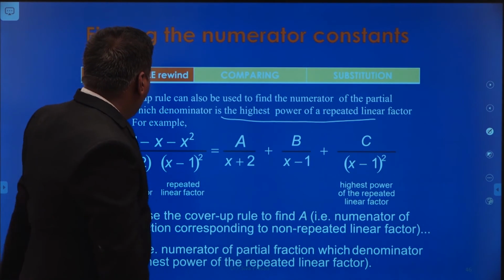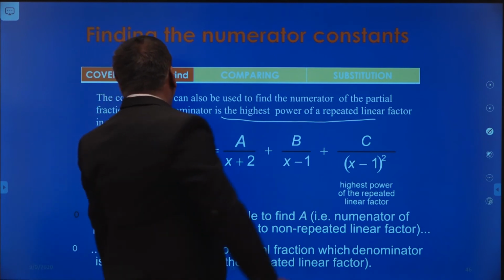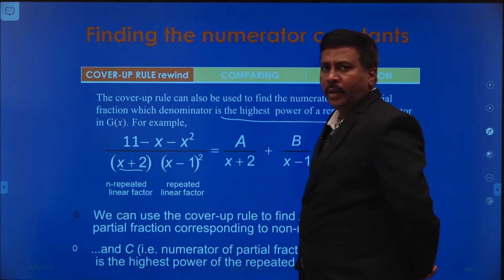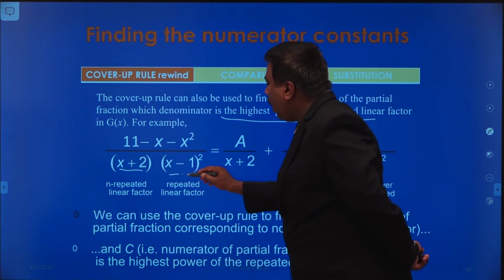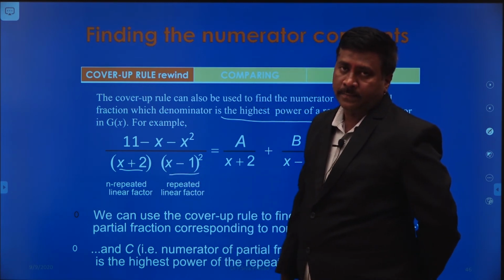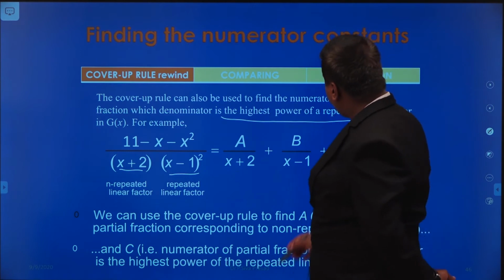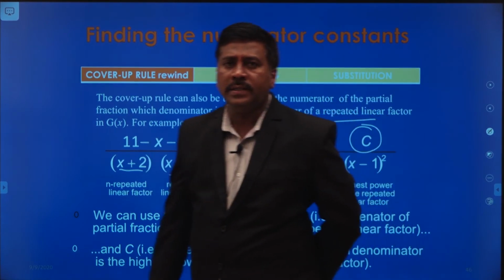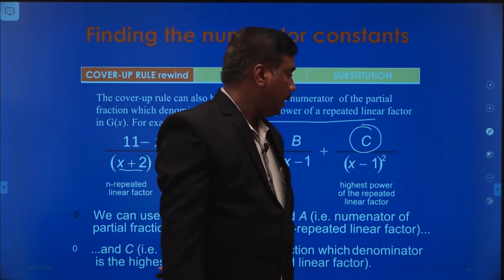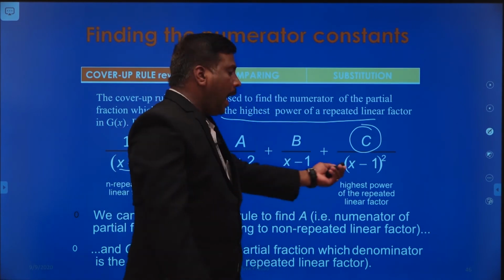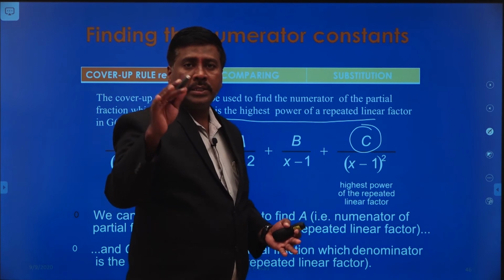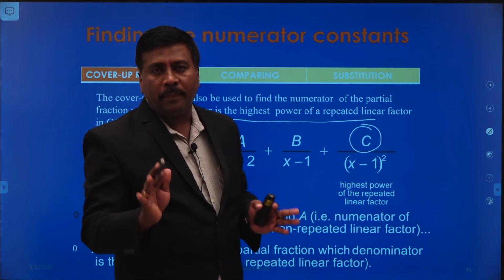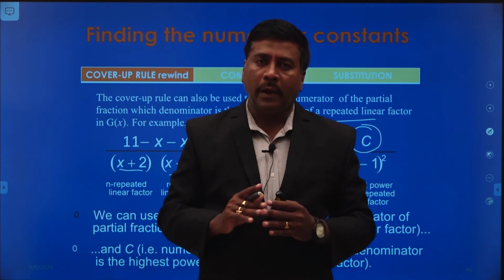Okay. Now, please say this. Here, x plus 2 is the non-repeated linear factor and x minus 1 is the repeated linear factor. Suppose in that fraction, we have to find the value for C. In that, which one has the highest power? For that value, the value is obtained when you use the cover up rule.